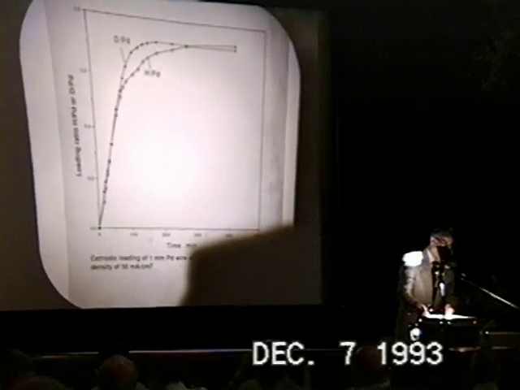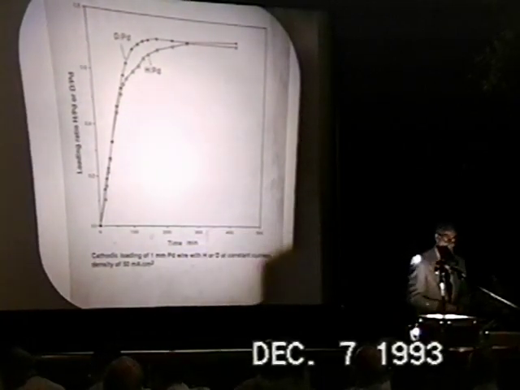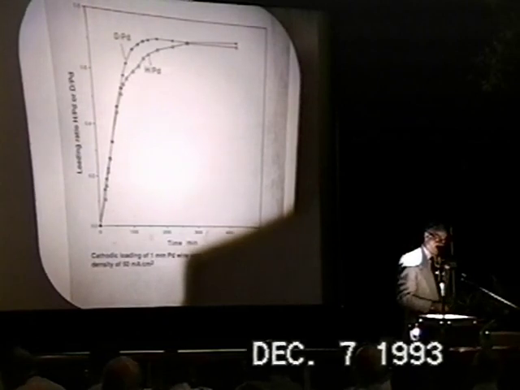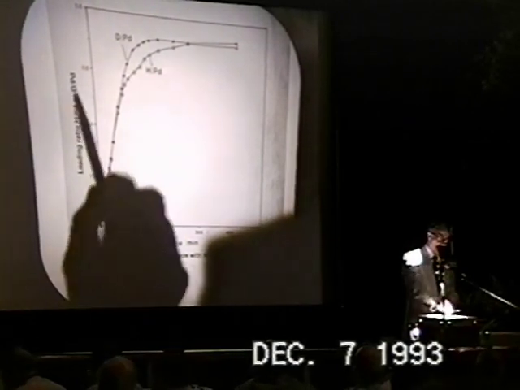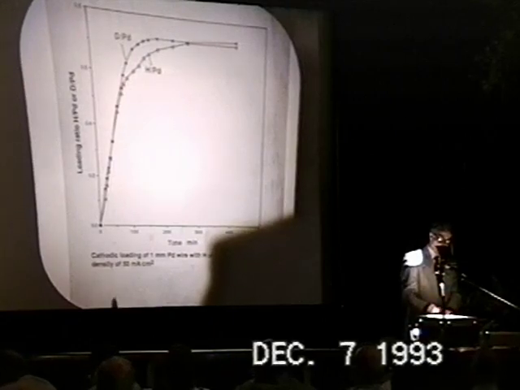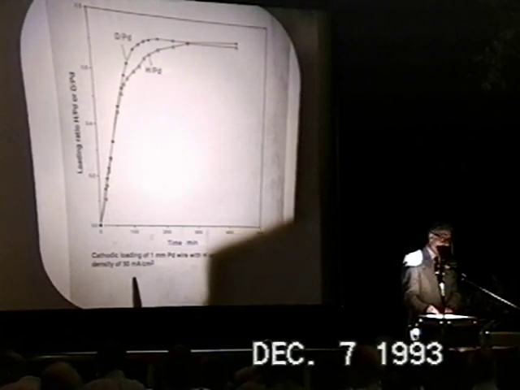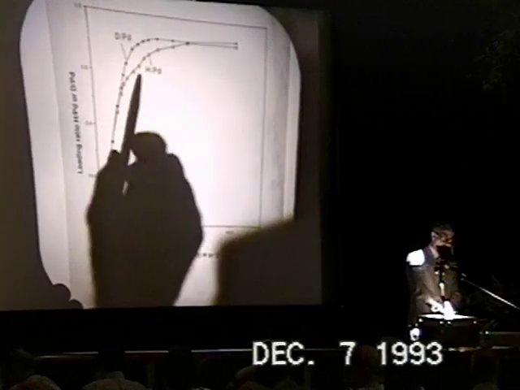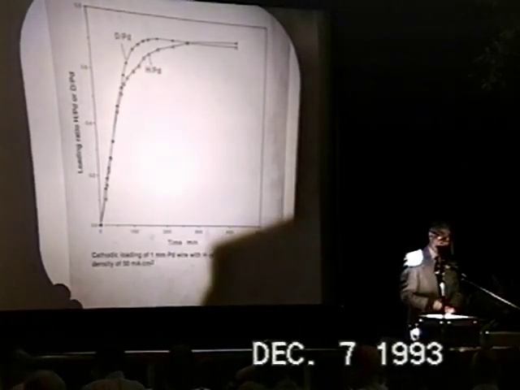And here is a very typical loading curve for hydrogen as well as deuterium, particle loading ratio against time, for continuous loading, in this case at a current density of 50 milliamps per square centimeter. The initial slope is, of course, trivial and reflects simply the loading current.